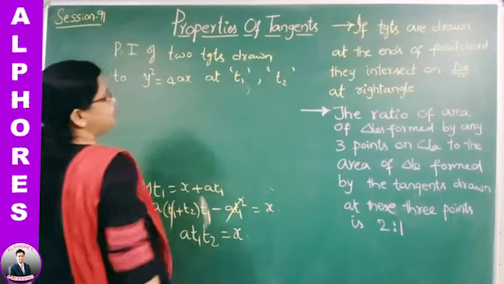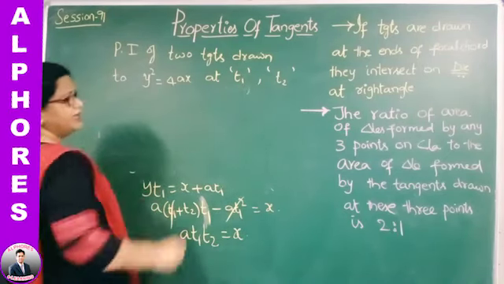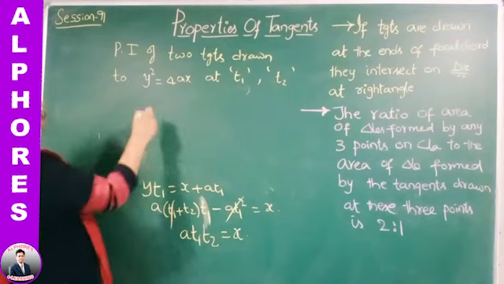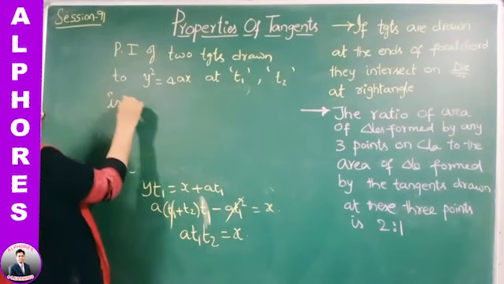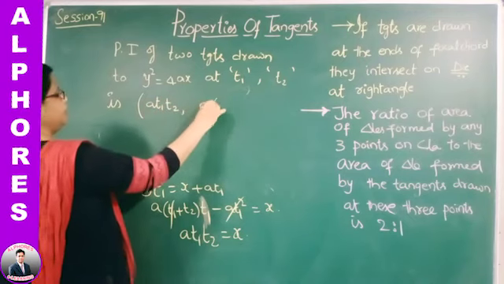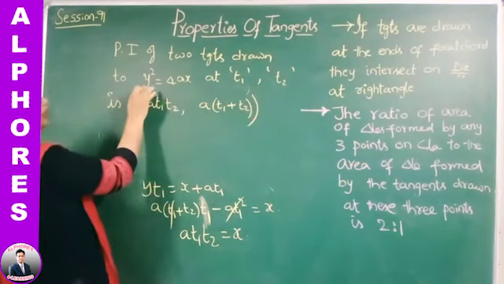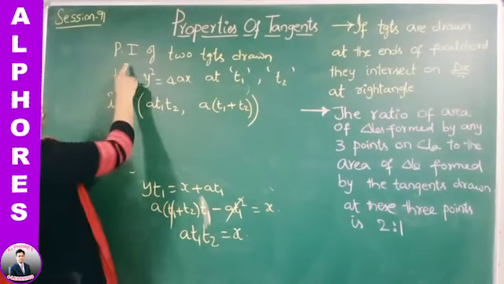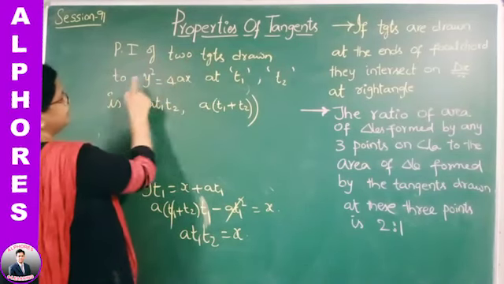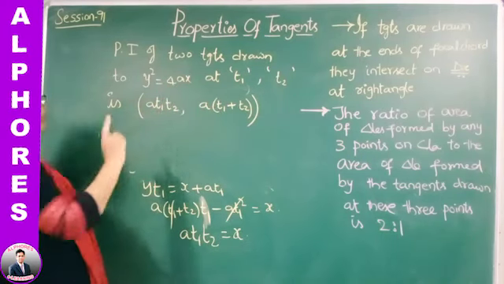The meaning is, at at1 square comma 2at1 and at at2 square comma 2at2, the formula is at1 t2 comma a into (t1 plus t2). This formula is applicable only to this standard form. The point of intersection of two tangents drawn to the parabola at t1 comma t2 is this formula.